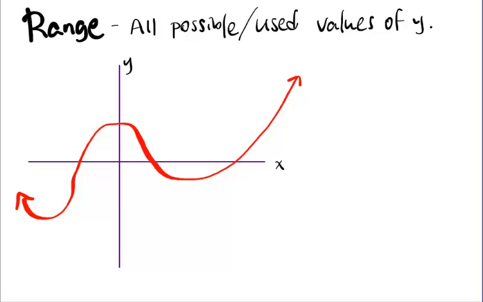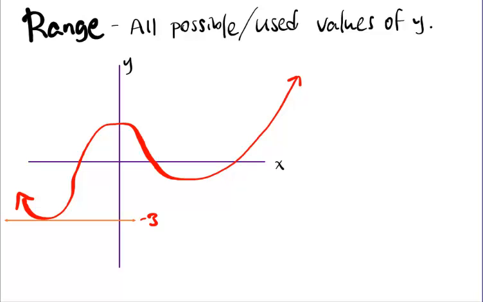So we want to look at the y values that are being used. So we look for a minimum y value. We'll look right here. See that line right there? That's a minimum y value. And let's say that that minimum y value on the y-axis is negative 3. So I have a minimum y value of negative 3.